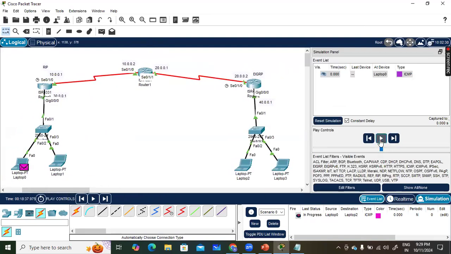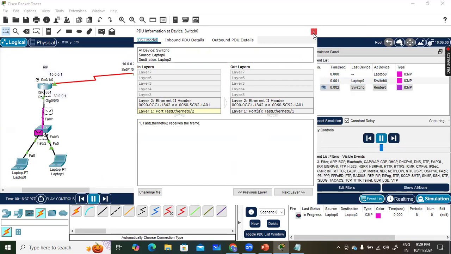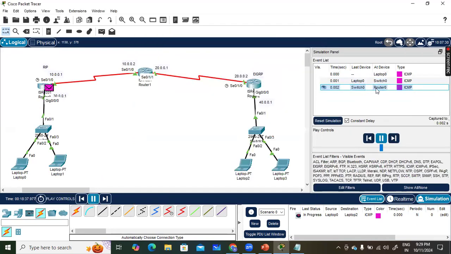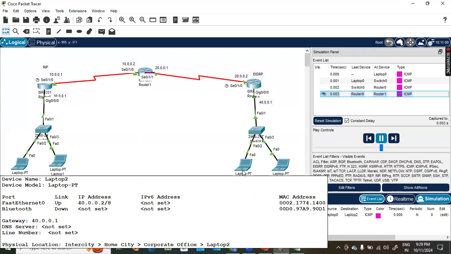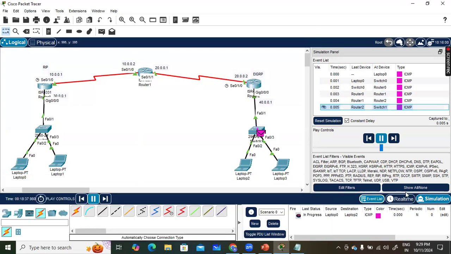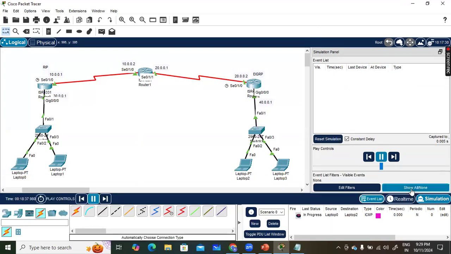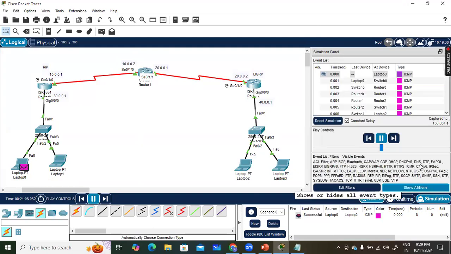Just look at the simulation here, how it is passing by. See how the message is going and coming back.